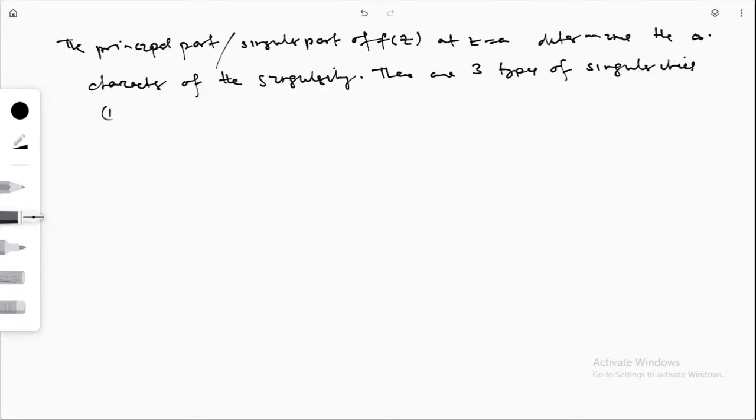The first one is a removable singularity, the second one is poles, and the third one is essential singularity.